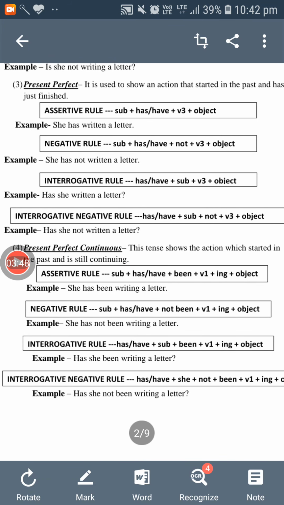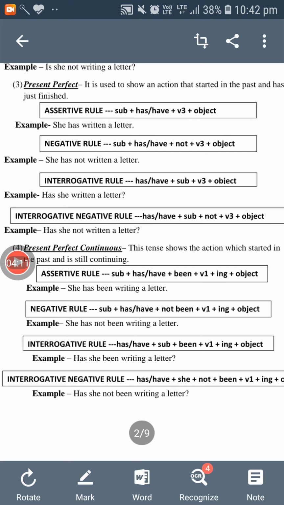Coming to the next tense, present perfect continuous, which shows an action that started in the past and is still continuing in the present. In an assertive sentence, we use subject plus has/have plus been plus v1 plus ing and object.